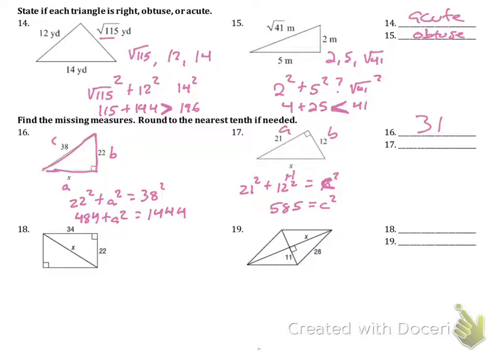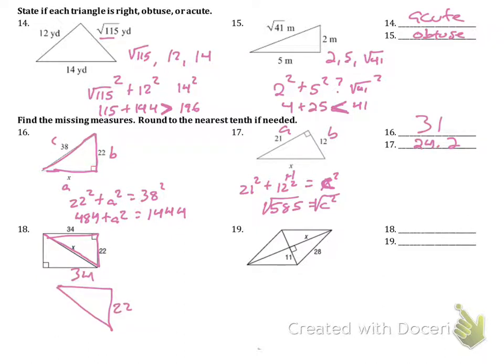I want only one c, so I'm going to take the square root of both. So the square root of 585 is going to be 24.18. I need to remember the nearest tenth, so it'll be 24.2. Then we go to, all I'm worried about here is just this triangle. If I want to bring it out, it would look like that.